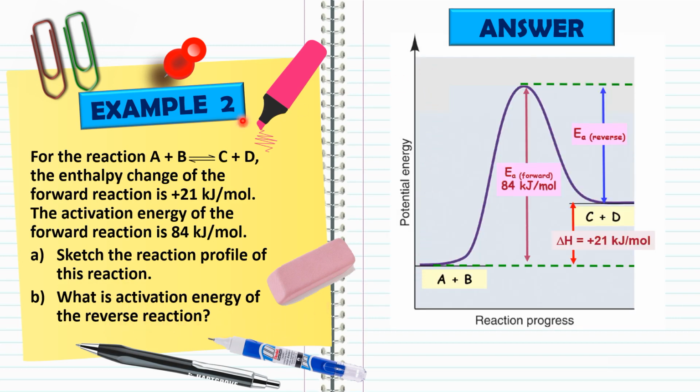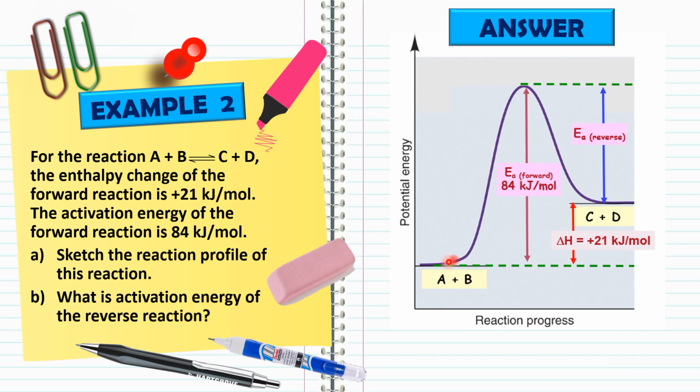Because the enthalpy change, which refers to delta H, given in the question is a positive value, this reaction is an endothermic reaction, which means that the enthalpy of the reactant is lower than the enthalpy of the product. The potential energy of the reactant is lower than the potential energy of the product.